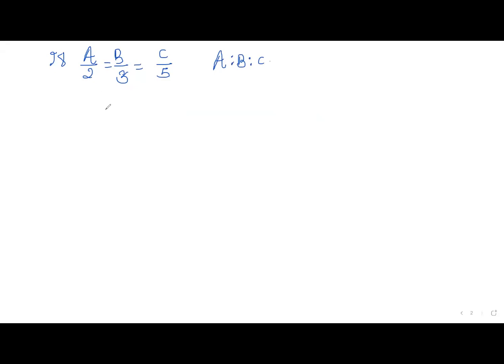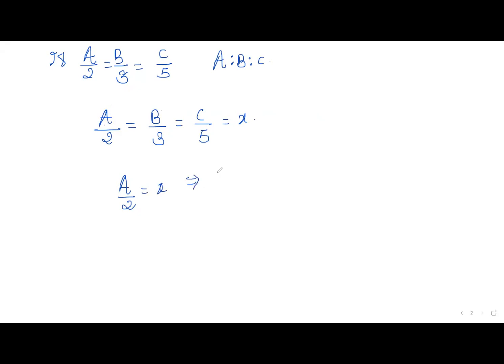Look at this. Consider a by 2 is equal to b by 3 is equal to c by 5 is equal to x. So what will be the value of x? Compare this a by 2 with x.